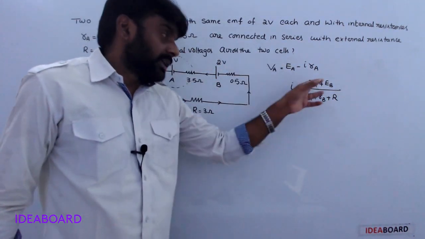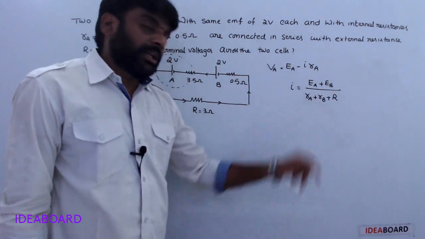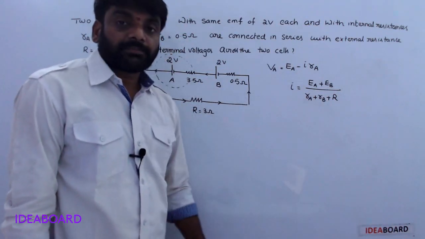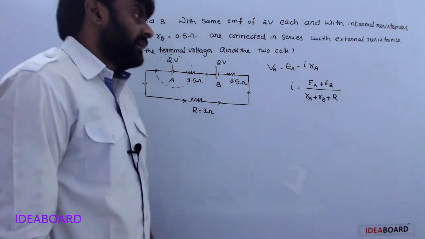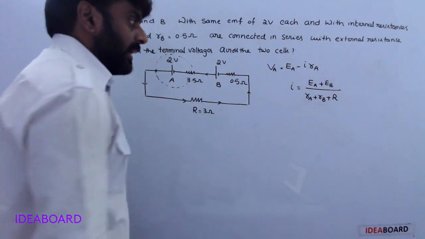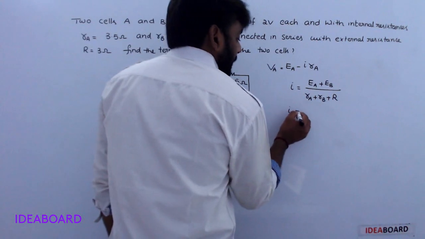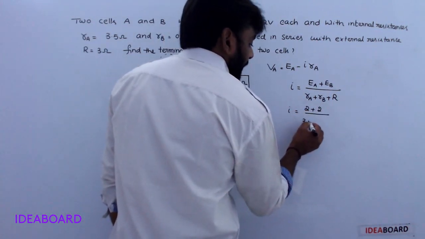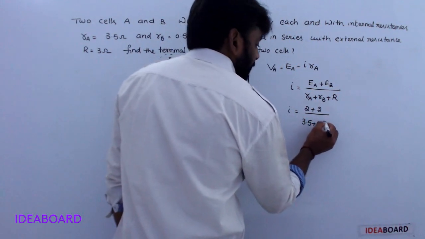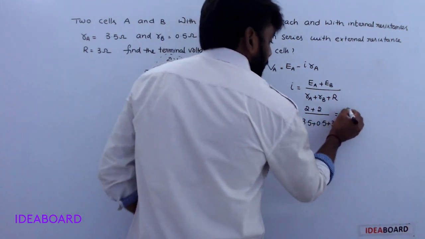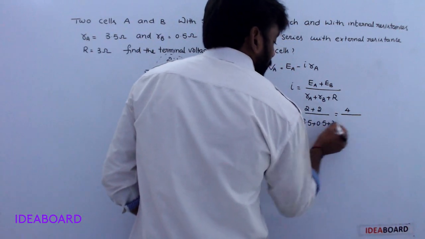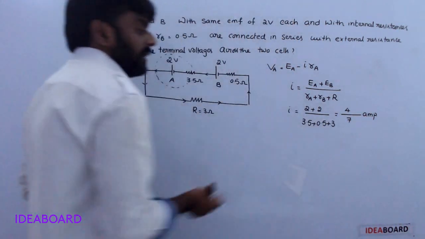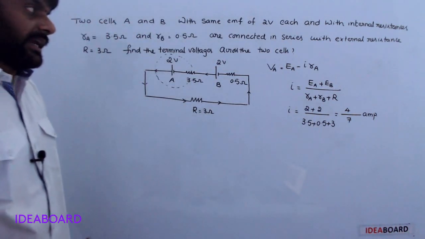Total EMF is E1 plus E2, total internal resistance R1 plus R2, plus the external resistance capital R. Here in terms of A and B, I is 2 plus 2 divided by 3.5 plus 0.5 plus 3. That is 4 by 4 plus 3, 7. So 4 by 7 amperes is the current.